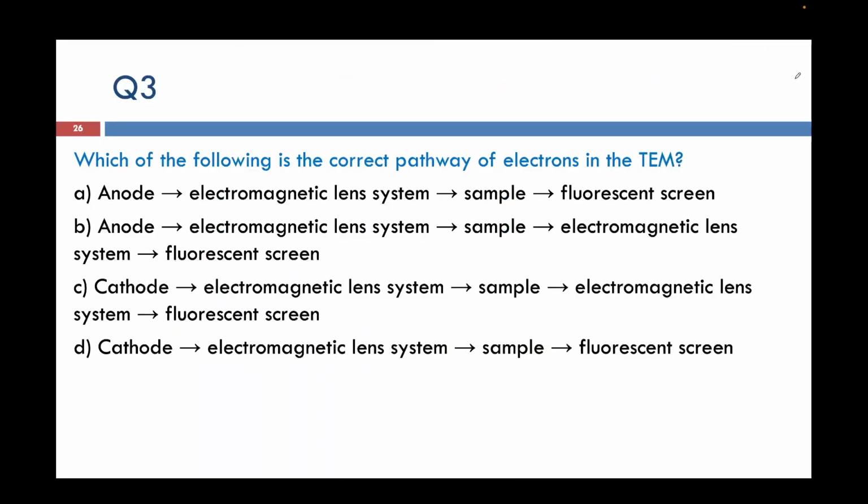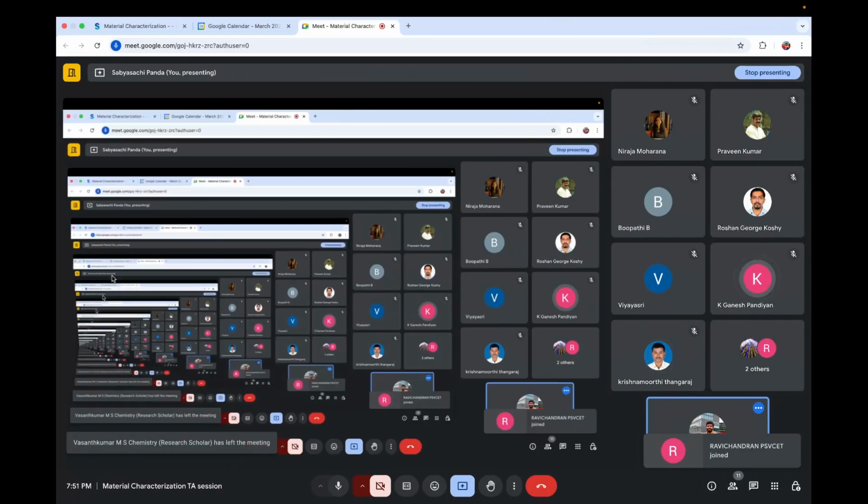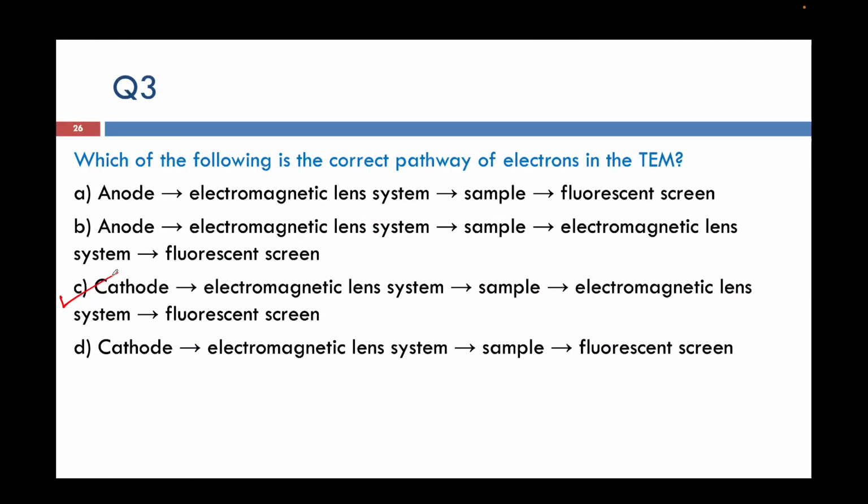Which one will be the correct answer? The correct answer will be C. Why C?